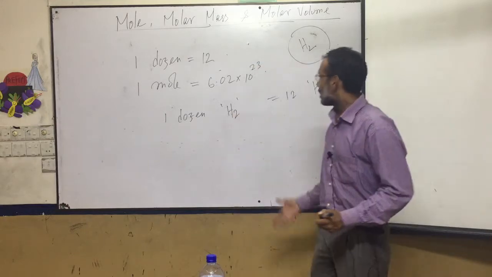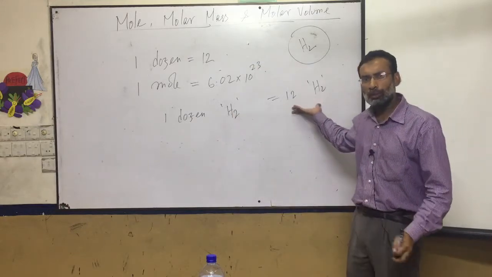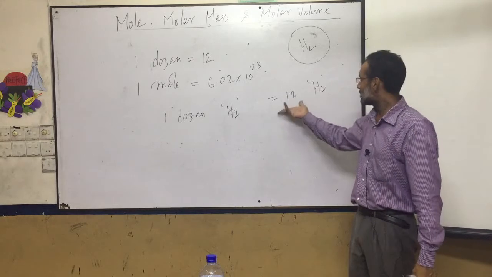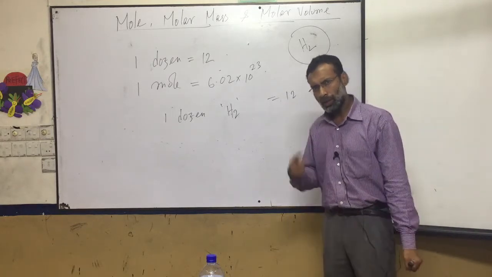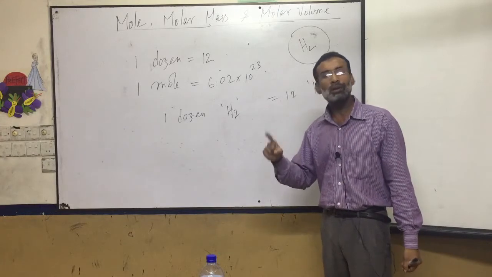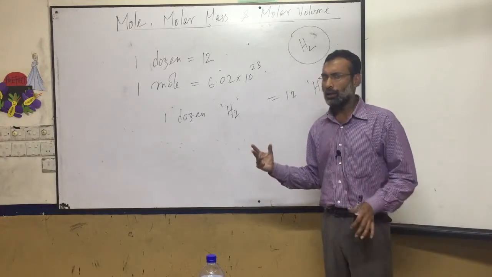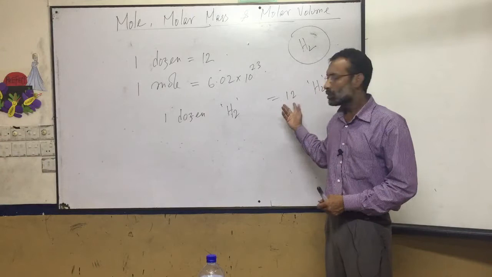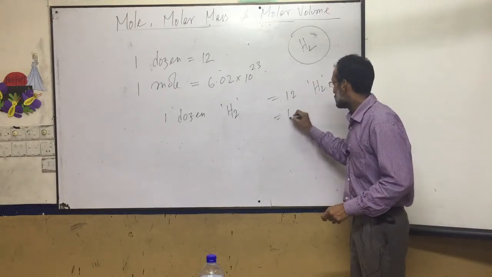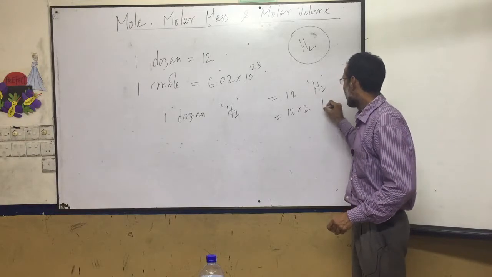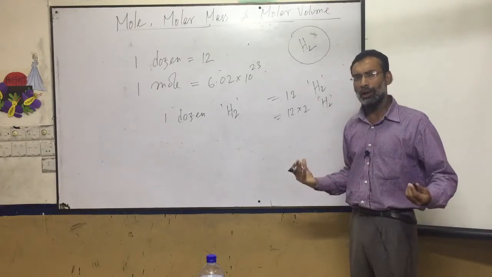Two. So now here I have 12 molecules. How many atoms? One molecule consists of 2 atoms. Then how many atoms in 12 molecules? Surely I write 12 times 2. Am I clear?